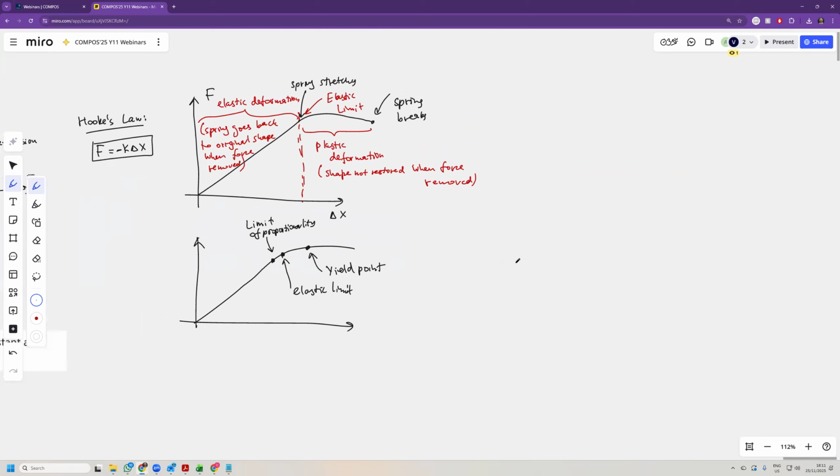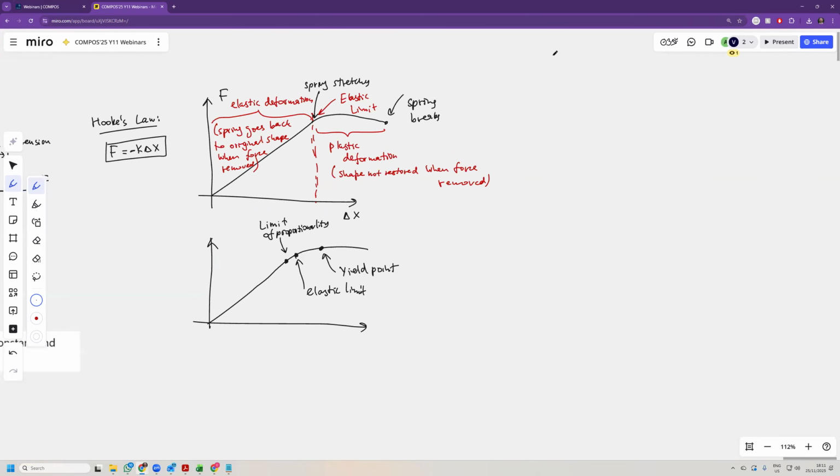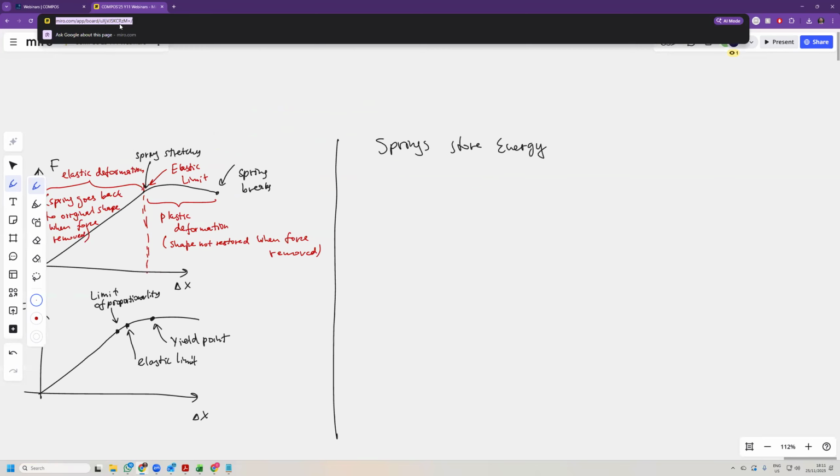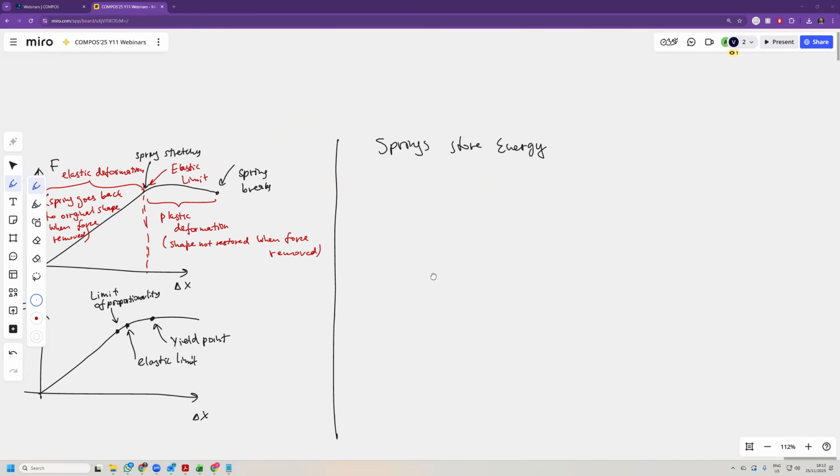Now, springs store energy. We've talked about the force. Springs store energy. Oh yes, I can share the Miro board.